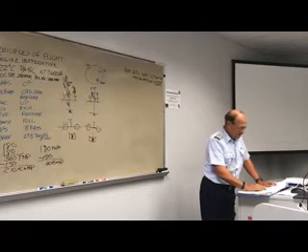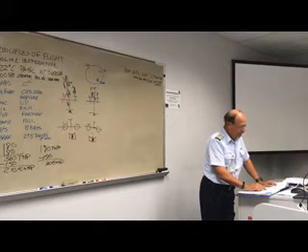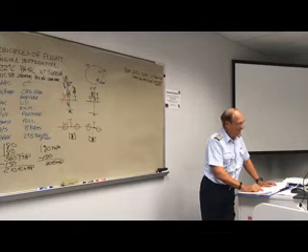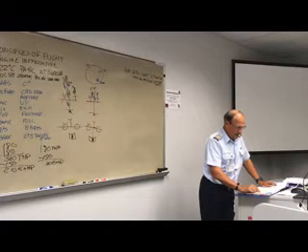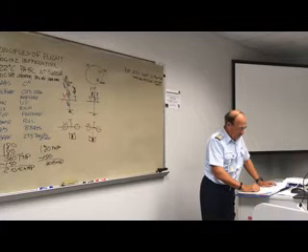It says VMC is the calibrated airspeed at which, when the critical engine is suddenly made inoperative, it is possible to maintain control of the airplane with that engine still inoperative, and thereafter maintain straight flight at the same airspeed with an angle of bank not to exceed 5 degrees.